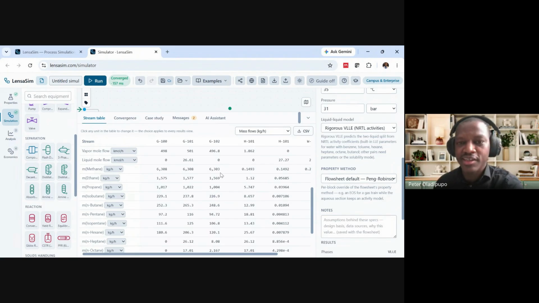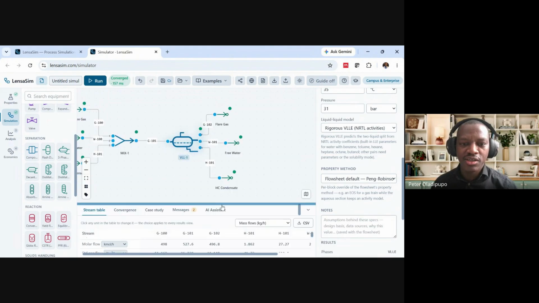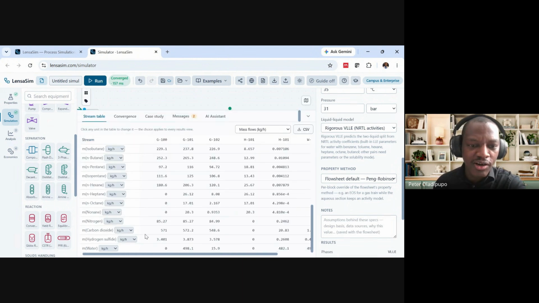But of course, if you look at the water, a lot of this has gone. Okay, something was blocking there. So look at the water. You see that in G101 we have 498 kilograms per hour specified.